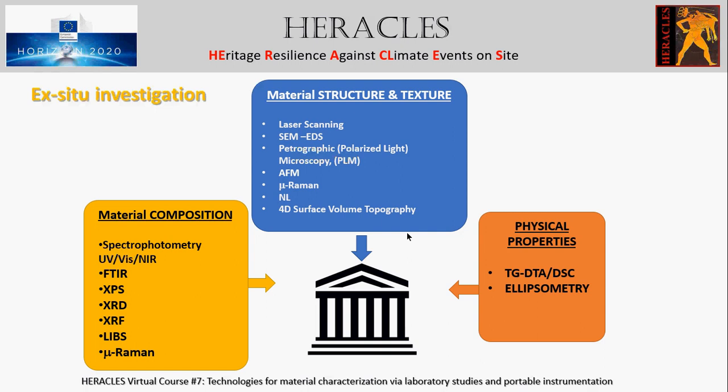Another very important advantage of the technique is that it enables stratigraphic analysis of the samples in the range of a few micrometers, and thus it gives depth profiling, but the sample recuperation is not possible.